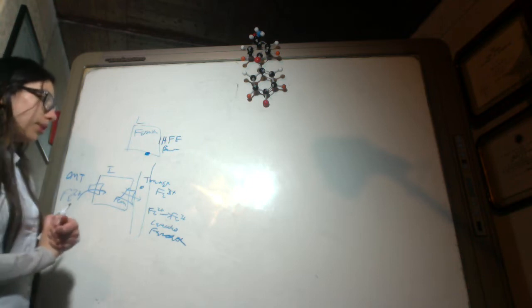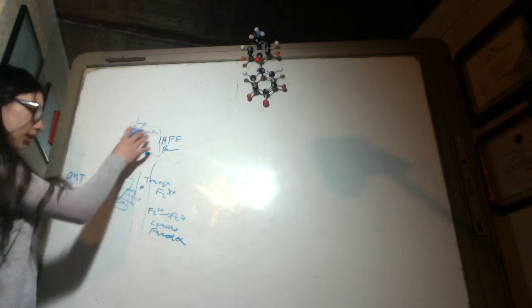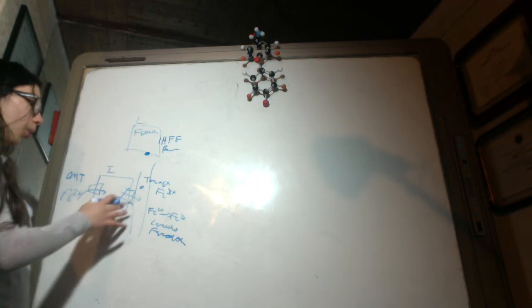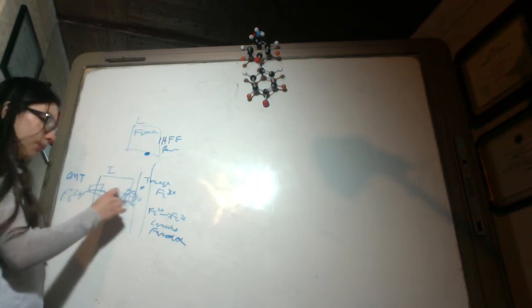So if the iron levels are low, then the liver will make the ferroportin expression high, as well as that of the divalent metal transporter.